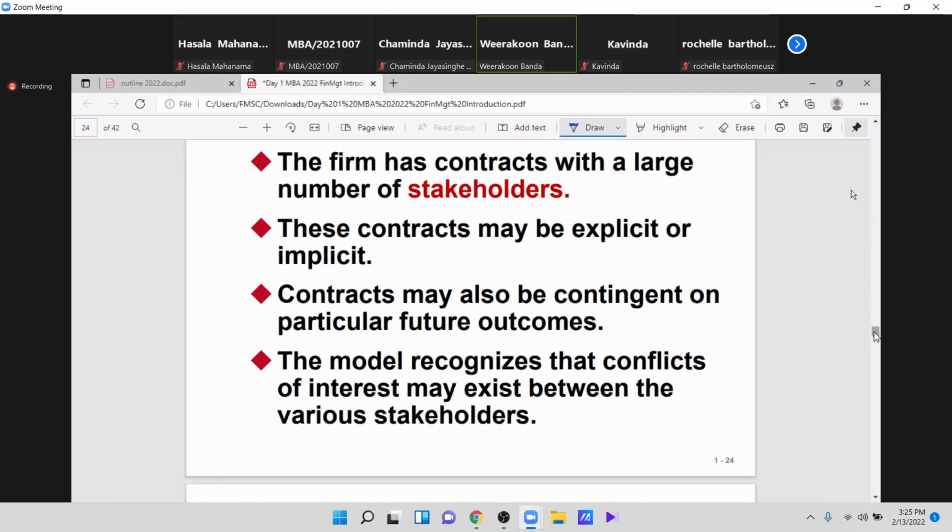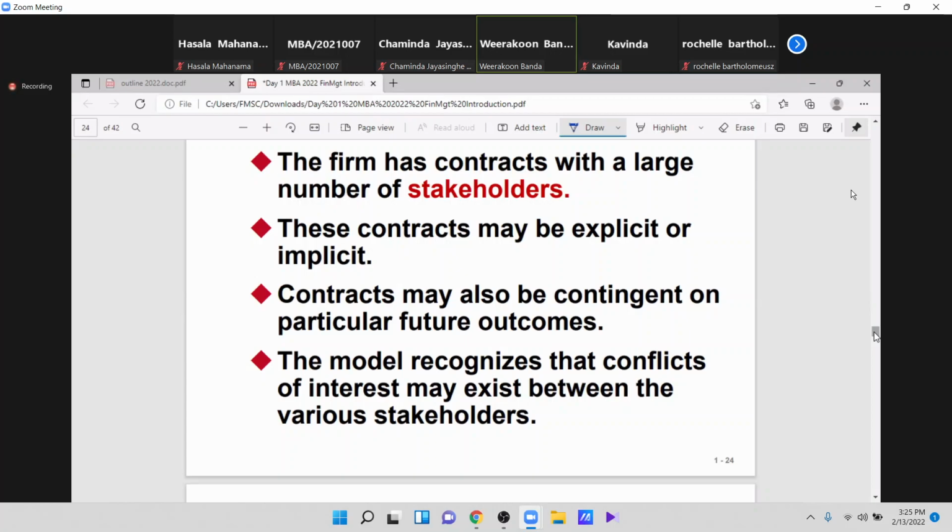Contracts may be explicit or implicit. Sometimes someone is direct, someone not directly. Between the shareholders and the company, we have a direct contract. With the debt providers, we have a direct contract. So we have to give them interest payment properly.